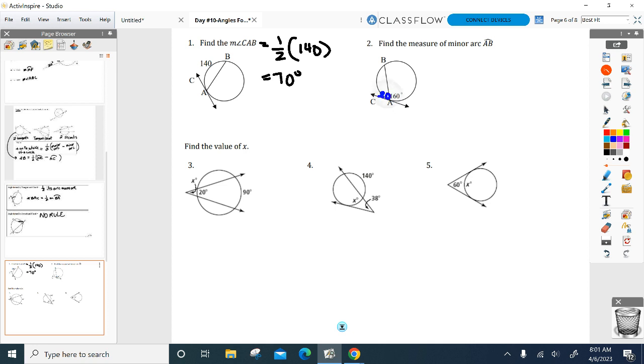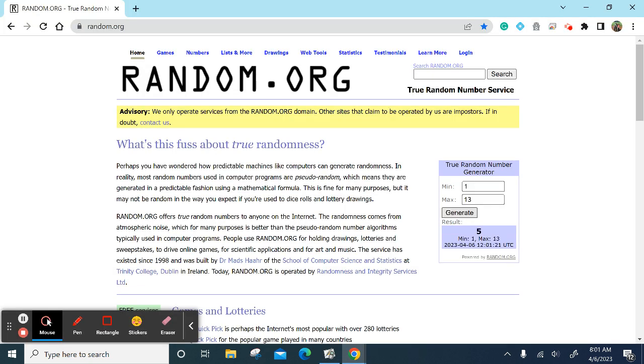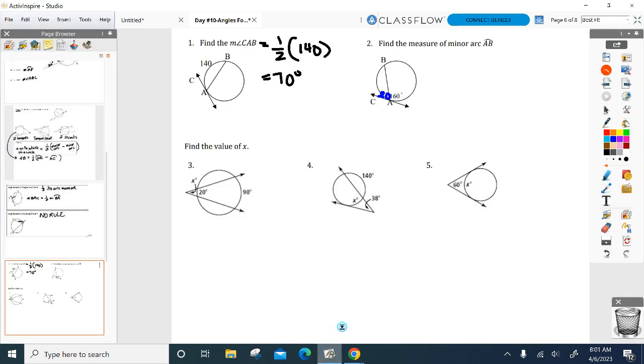Everyone agrees that angle is 20. What do I do to the angle to get to the arc? You know the relationship is that angle is equal to half the arc. So what do I need to do with 20 to get to the arc? Yep. So that's going to be 20 times 2. 40 degrees for arc AB. Minor arc.